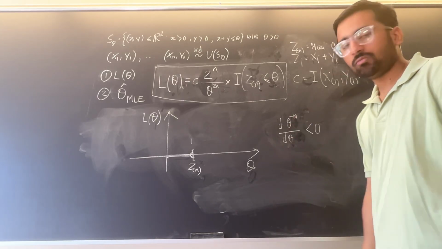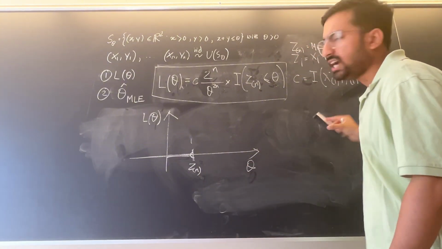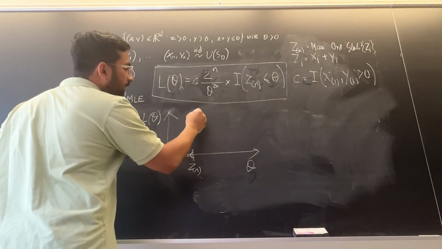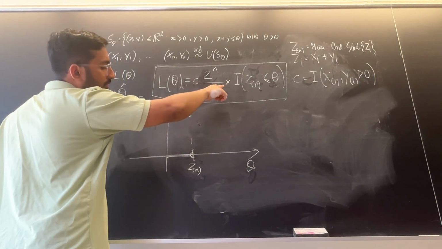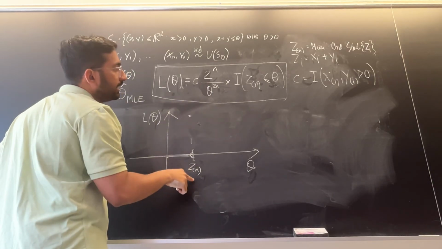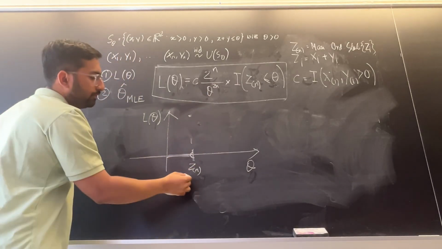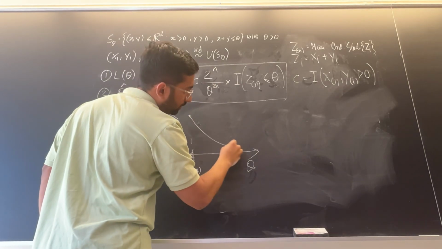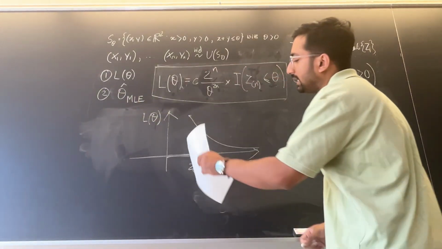So this is decreasing. Try it out, it's a small exercise if you are not aware of this. So it will start with this exact value at Zn. If you put theta equal to Zn, you get this value, and it's decreasing from here. Therefore, the theta where the likelihood is maximized is Zn.